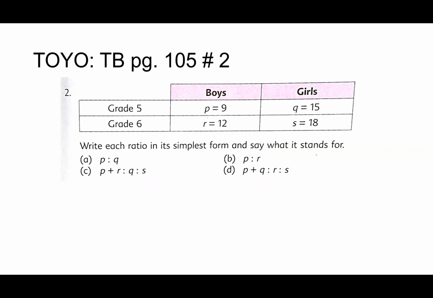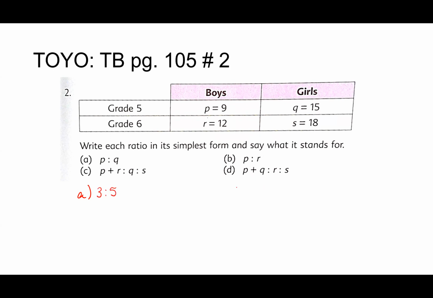All right, so we have algebra mixed in here now, algebra and ratios together. Letter A says write each ratio in its simplest form and say what it stands for. Letter A was P to Q. What is letter A? Annie. 3 to 5, great job.